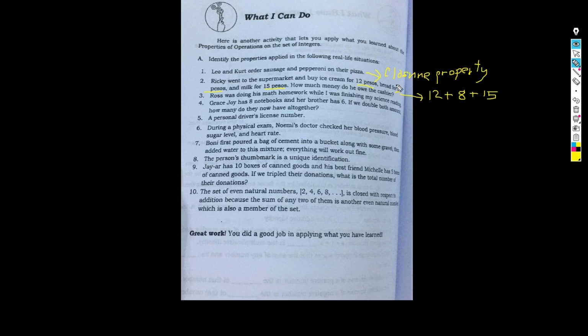We can do the associative property here, like 12 and 8 first, or we do 12 plus the 8 plus 15. So we can apply the associative property here.